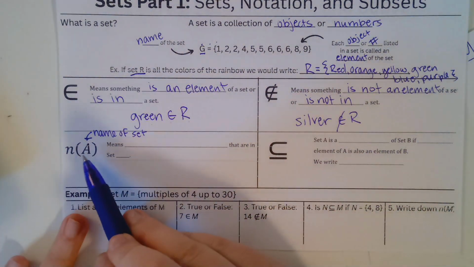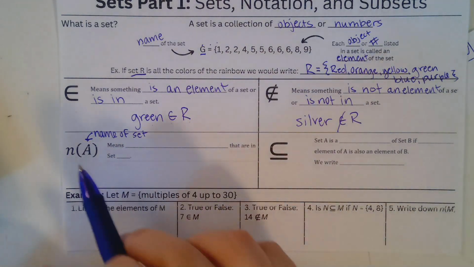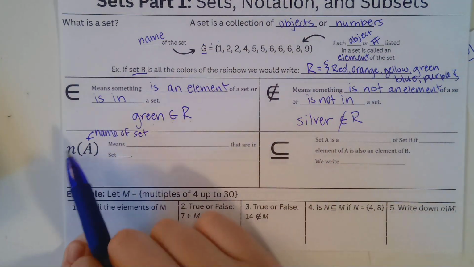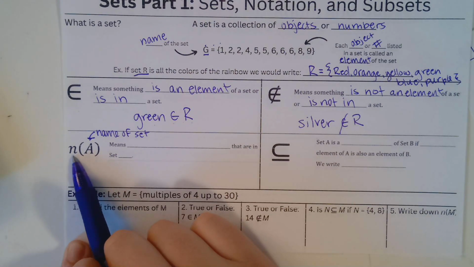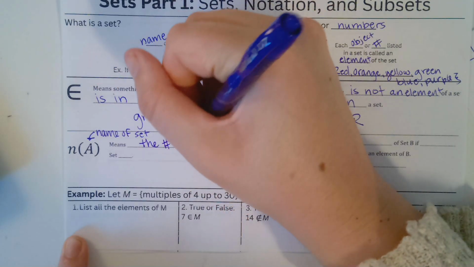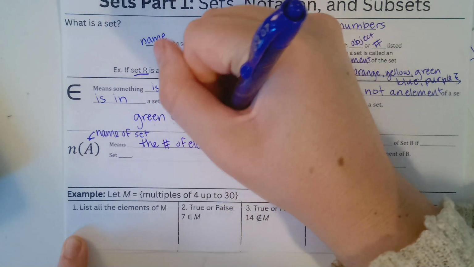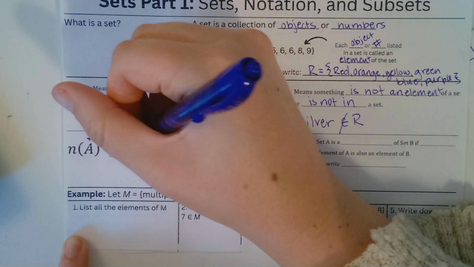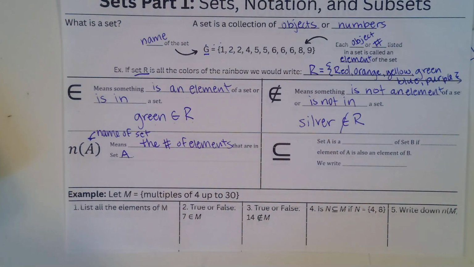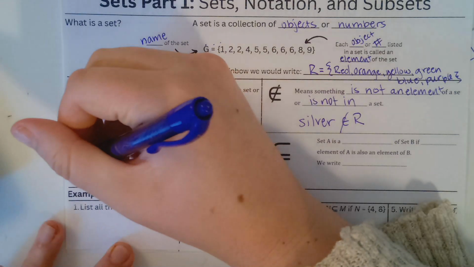So you might see a B in there, you might see a K in there, or a G, anything like that. This could be any letter, but you're always going to see this N out in the front. What does this N represent? It means the number of elements that are in set A. So that just means how many things are in the set. N stands for number. That's how I always think about it.